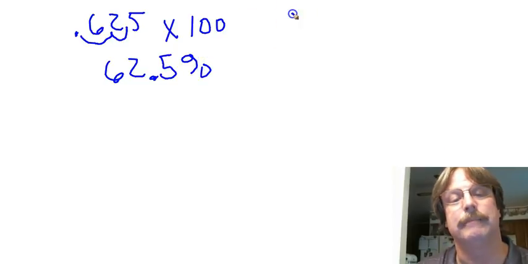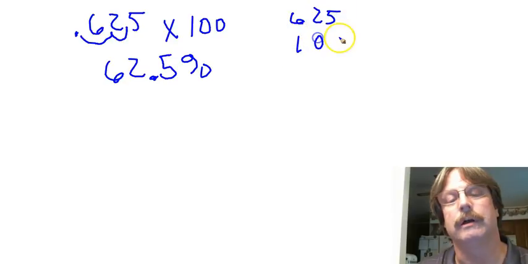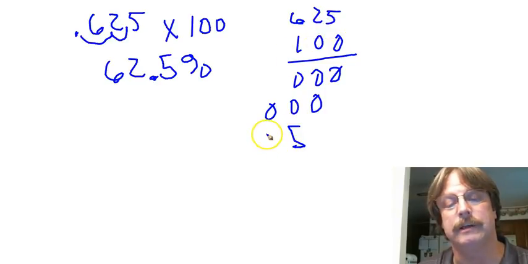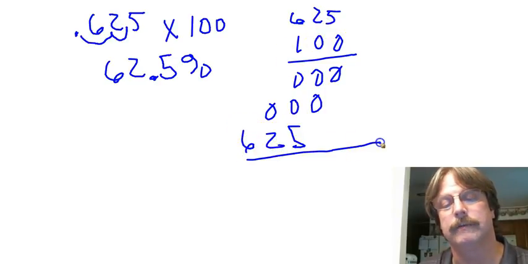Of course, if I do my math, 625 times 100: 0, 0, 0, another 0, 0, 0, because anything times 0 is 0. And then 1 times 5 is 5. Notice I'm in my hundreds place, so I keep it there. Then 1 times 2 and 6.